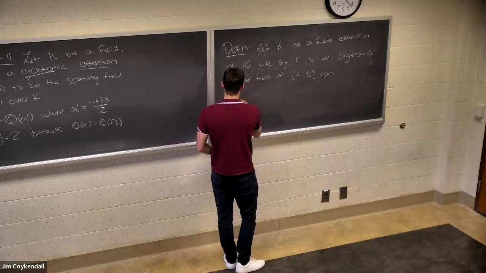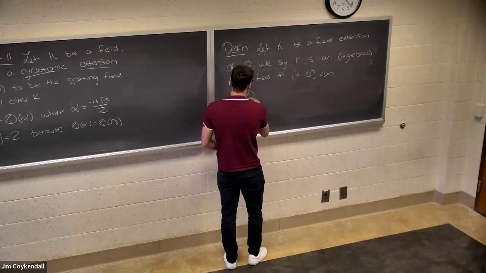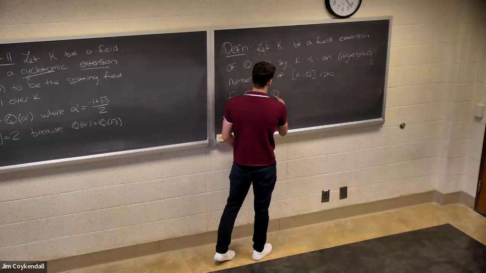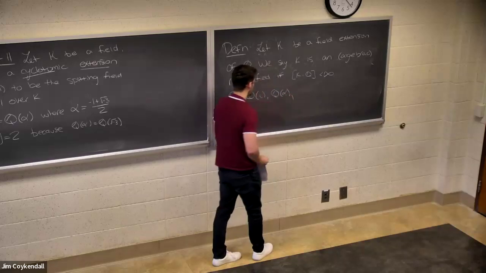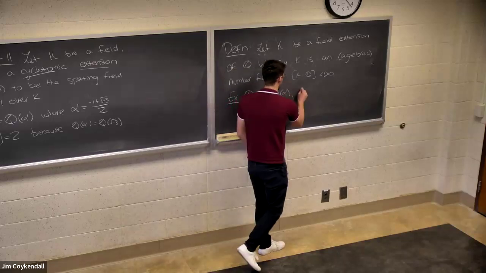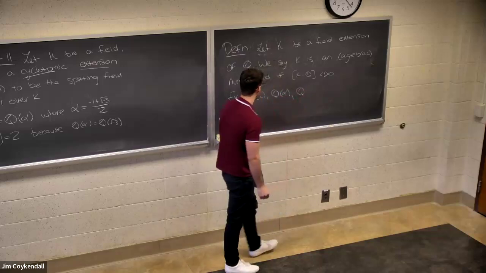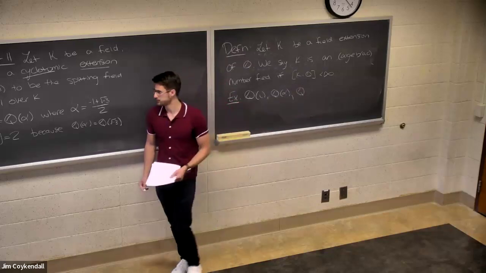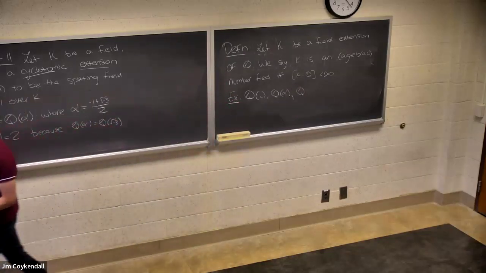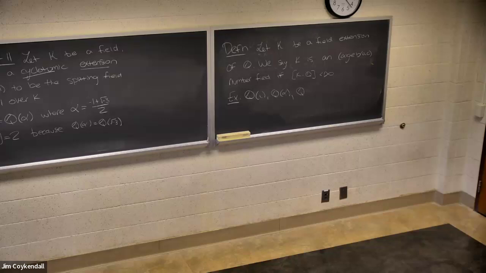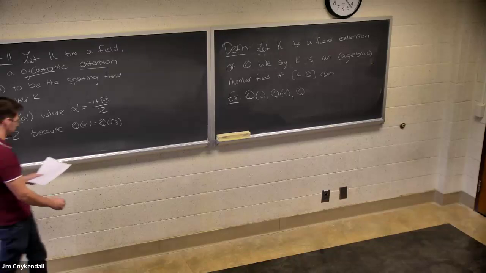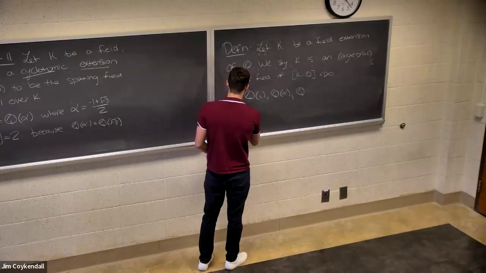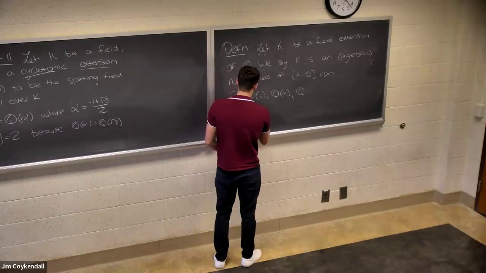So examples, our favorites, we've got the Gaussian integers. We've got the example that we just looked at. We've got Q itself, dimension one, straightforward. And I'll make the following note, I'm going to be using this term a lot going forward.